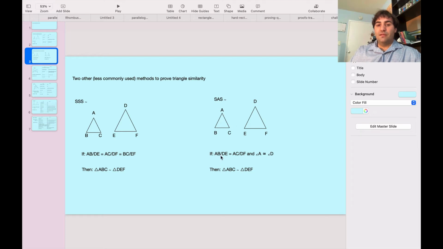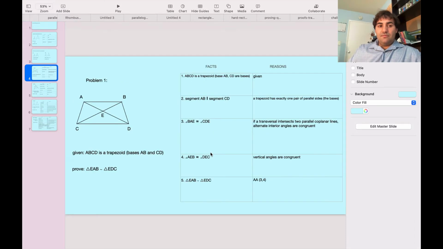So in other words, if length of AB divided by length of DE equals length of AC divided by length of DF, and we know that angle A is congruent to angle D, then triangle ABC is similar to triangle DEF. Using this method, we don't have to know beforehand that length of BC divided by length of EF is equal to this proportion over here. So let's do some problems to make this clear.